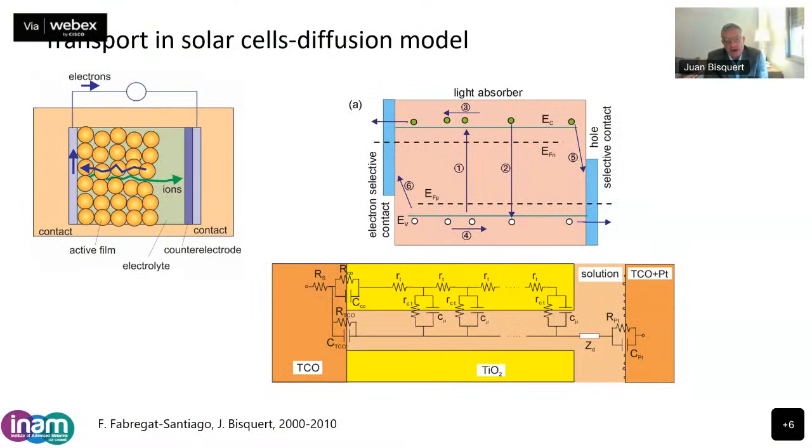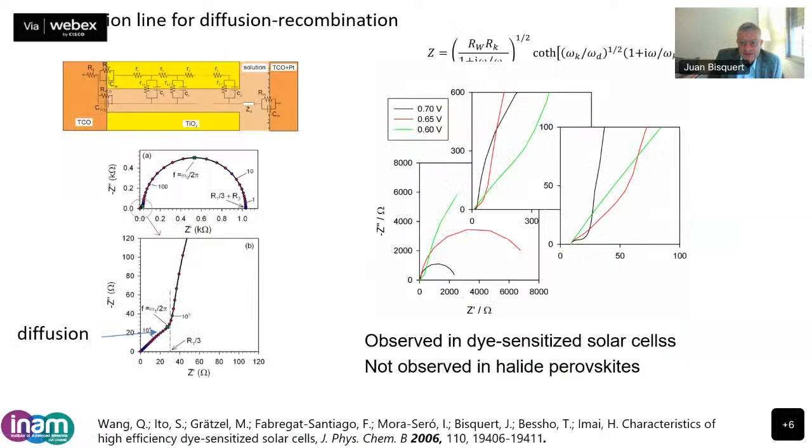I am going to recall measurements of 15 years ago on solar cells and other systems in which we could make some electron diffusion models for transport, like these transmission line models that became very popular. And this was very successful to explain diffusion in these systems.